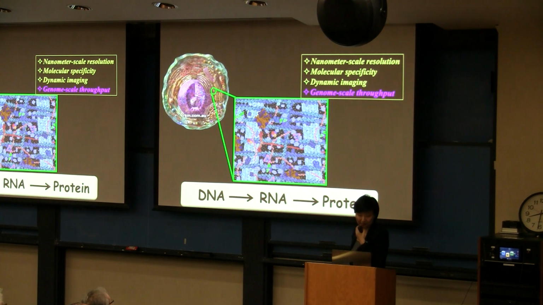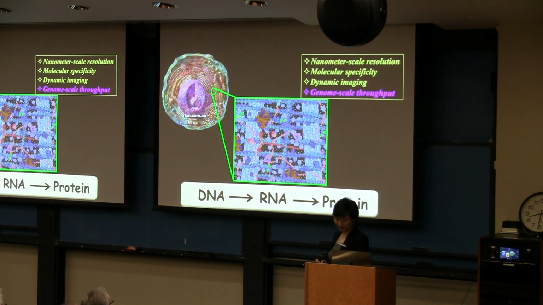And there I'm going to just very briefly cover a few things, but primarily going into more details tomorrow. With that, along the central dogma of biology, DNA gets transcribed into RNA and then gets translated into a protein, we started this genomic scale imaging effort by starting with RNA. And that choice is actually quite obvious for both technological and biological reasons.